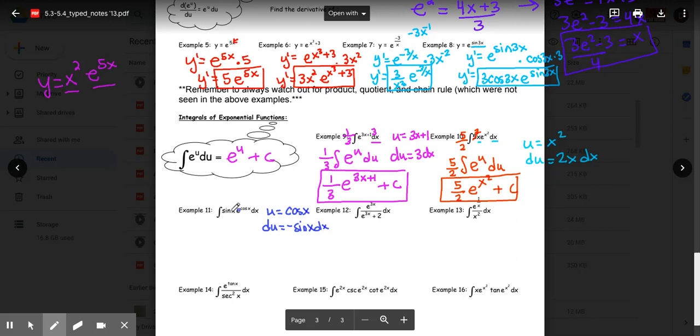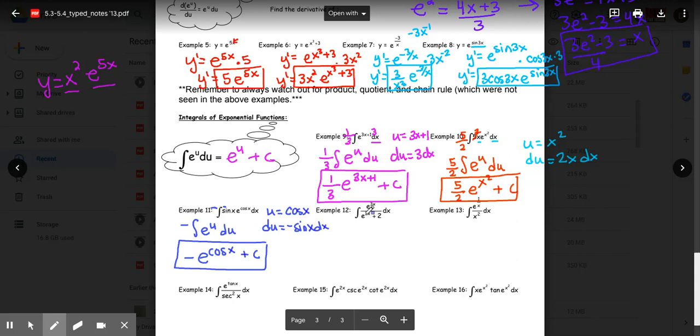Because your du is basically in there except for a number. I need a negative on the inside, so I'm going to put a negative on the outside. This ends up being e to the u, and the rest of the stuff in there is my du that I'm substituting in. And e to the u integrates to e to the u, and then plug my u back in, plus c.